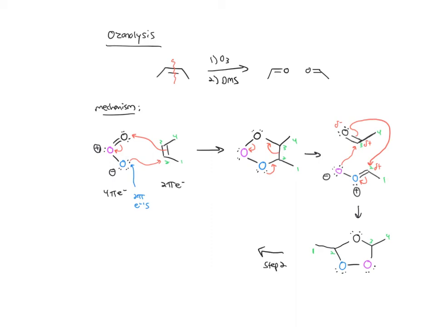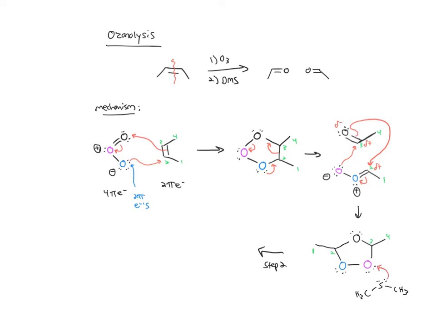And in this step, we're going to have that DMS, which is dimethyl sulfide. So that's this compound here. This is going to come and break up that 3 oxygen chain in that 5-membered ring. And so what's going to happen, let's just say we attack the purple oxygen.